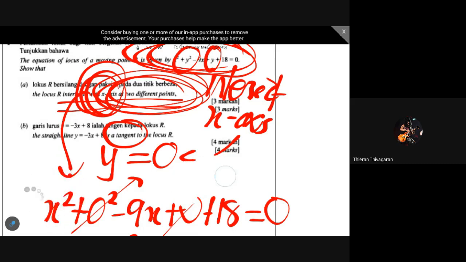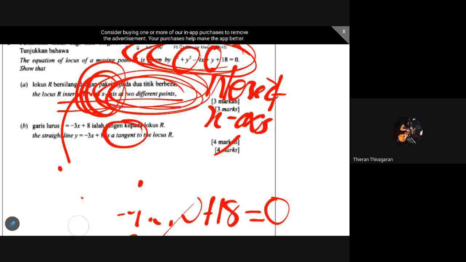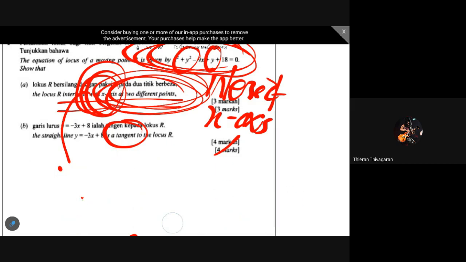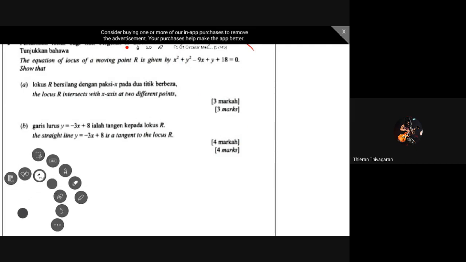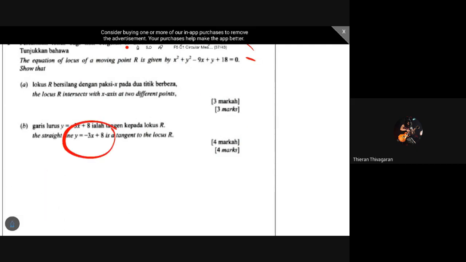So now you have 2 equations for question B. Kamu ada 2 persamaan. So what can I do over here, guys? I got 2 equations. What is the step I should take here? Apa langkah sekarang? I got this and I got this. Apa kaedah saya boleh guna untuk selesaikan? What method to solve?